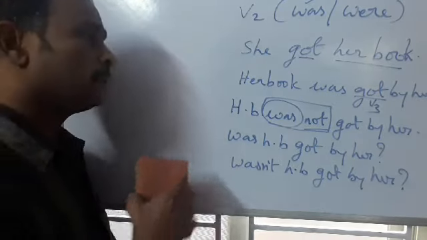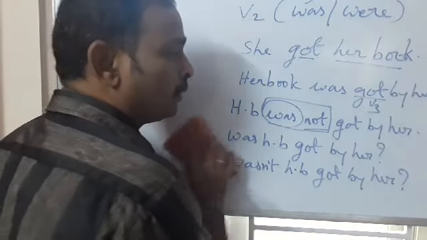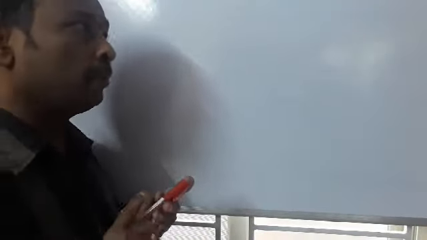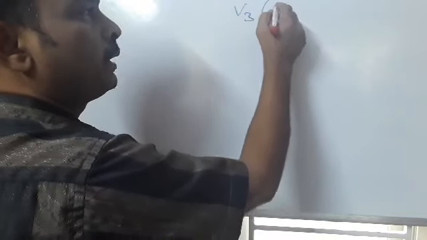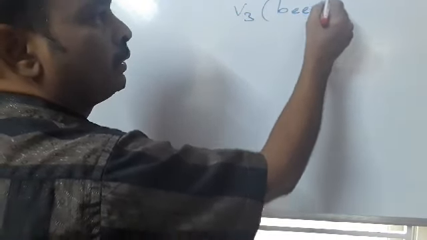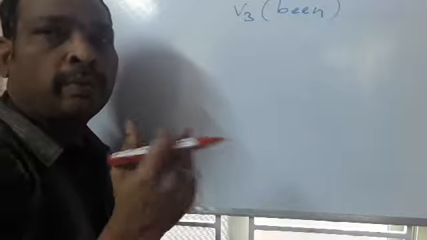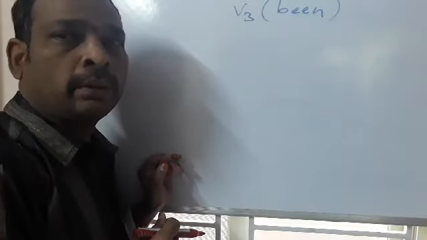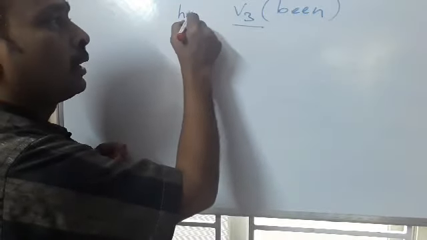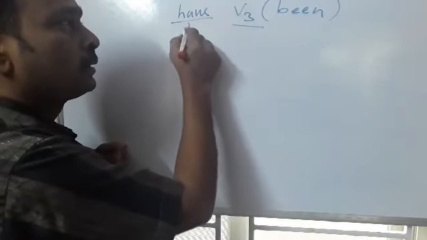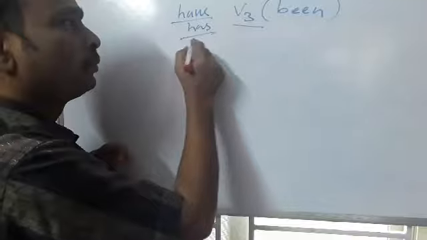So, let us see the examples with verb 3. See verb 3, here verb 3, when verb 3 is there, we should use been. But here sometimes verb 2 and verb 3 are similar. Then verb 3 is identified with have or has. Have or has. Or had.